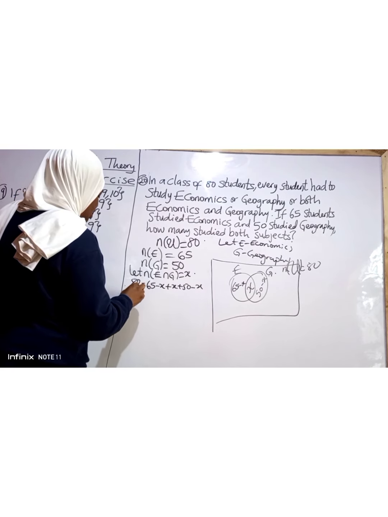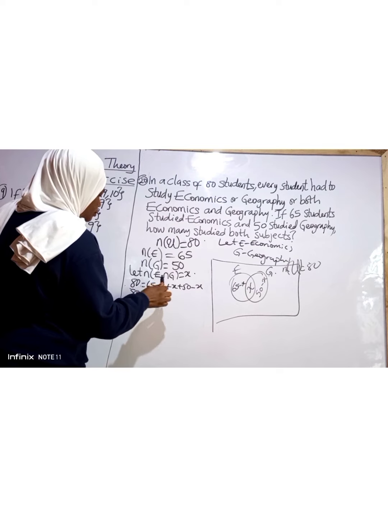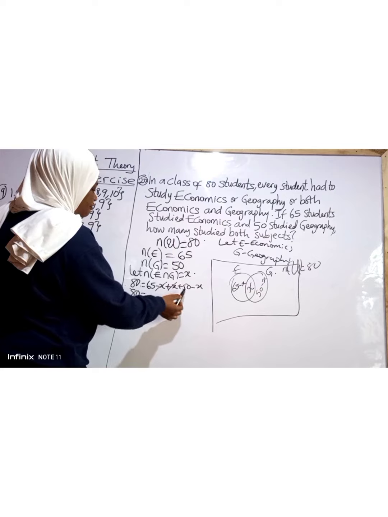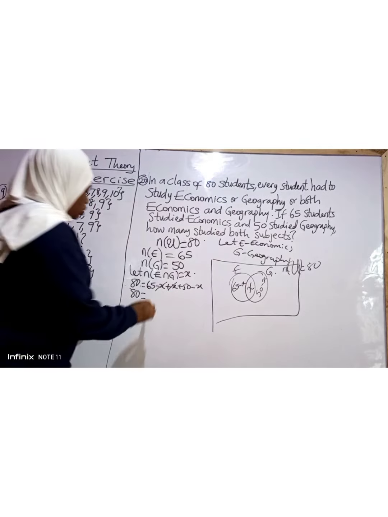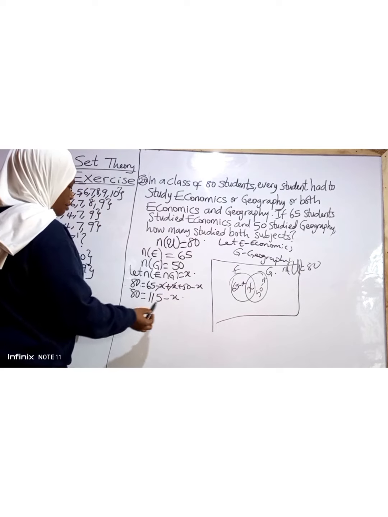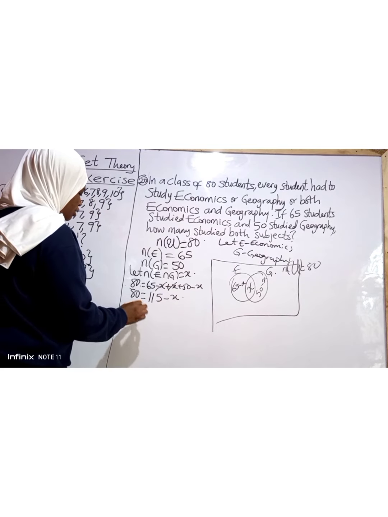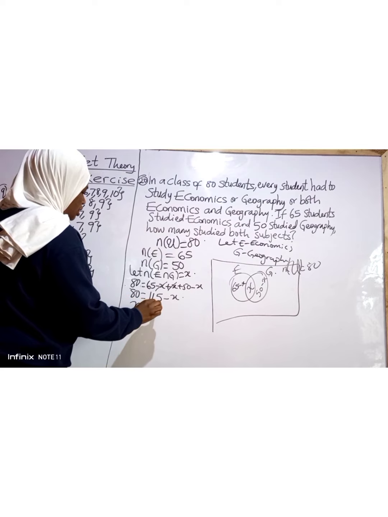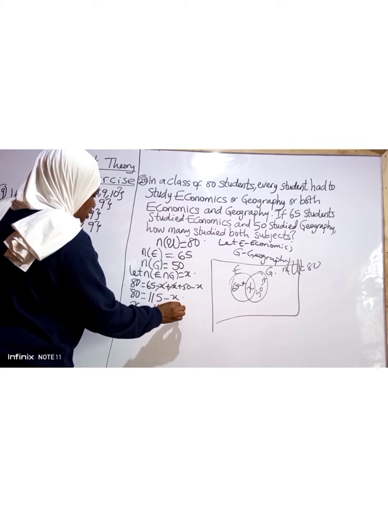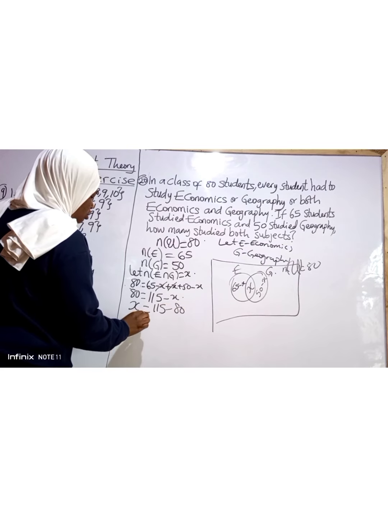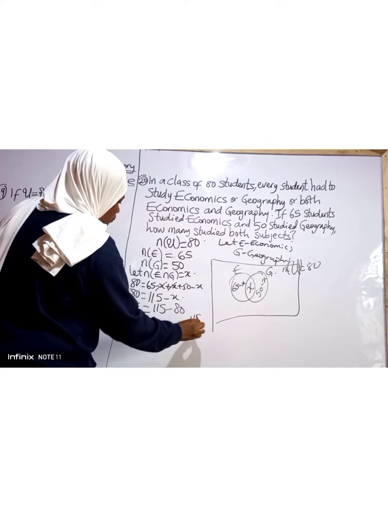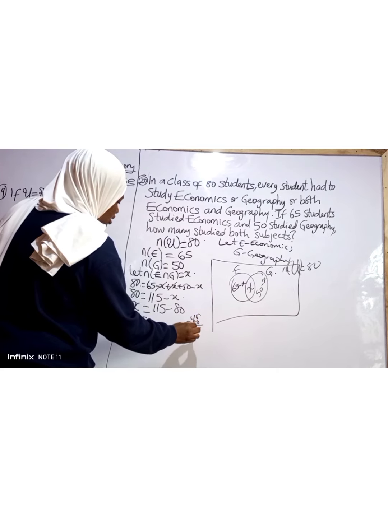So we have 80 is equal to 65 plus 50, that will be 115, minus x. Now from here, x comes out, and if it comes out, it becomes positive. Then 80, if it goes in, it becomes negative. So x will be equal to 115 minus 80, that will be 35.